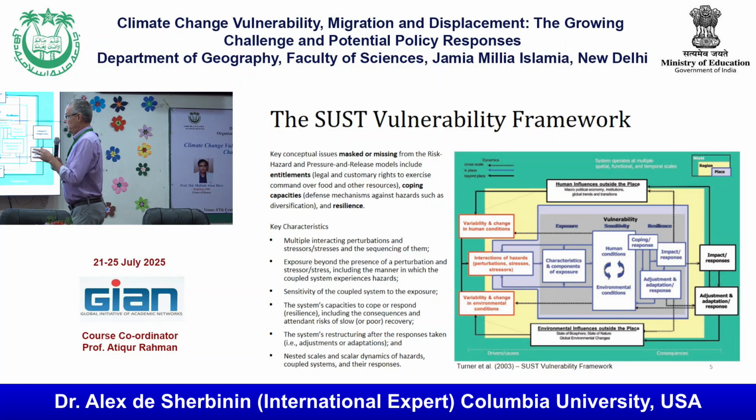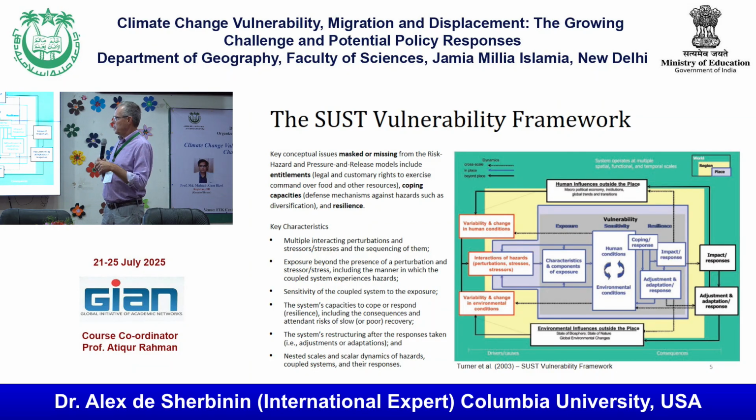What it sought to add were issues of entitlements, the legal and customary rights to exercise command over food and other resources, coping capacities such as defense mechanisms against hazards, such as diversification of your crops or diversification of income sources, and finally resilience, which we covered more in depth yesterday. And it has some key characteristics which you can read for yourself over here.